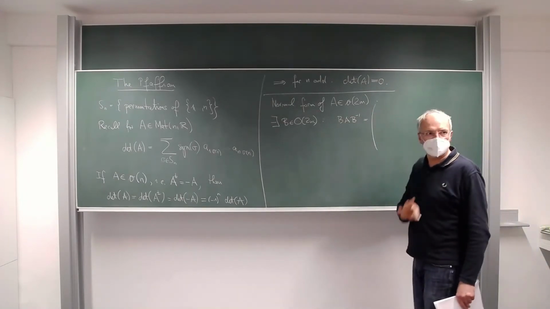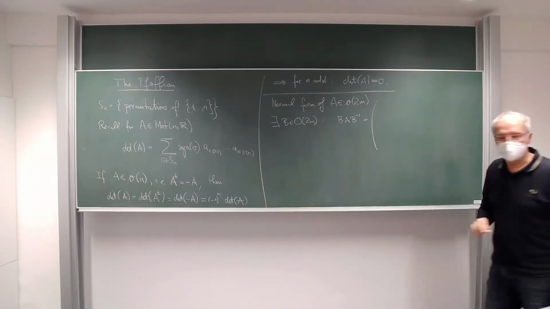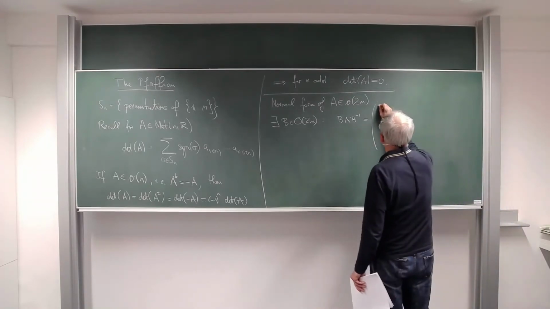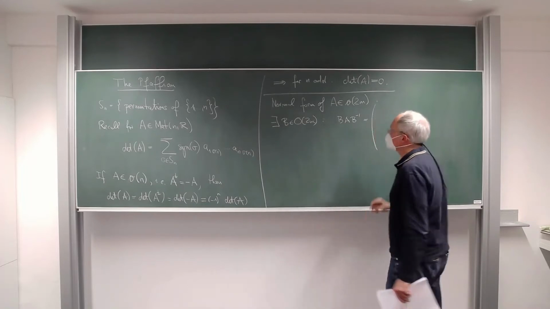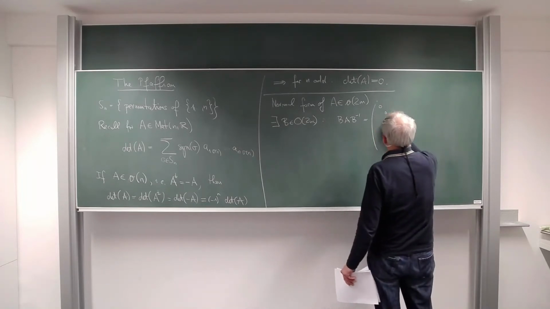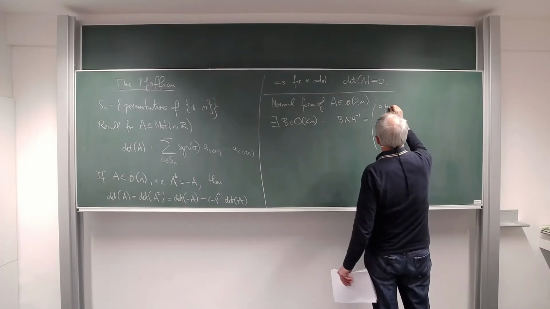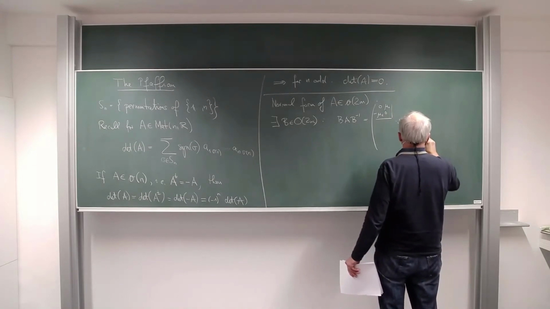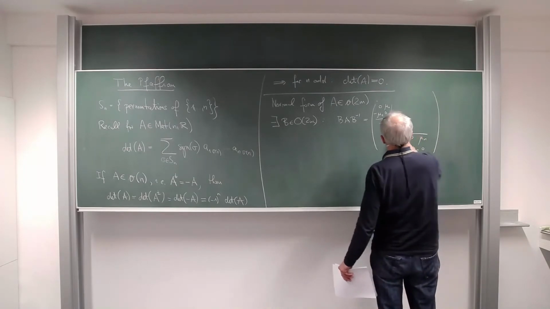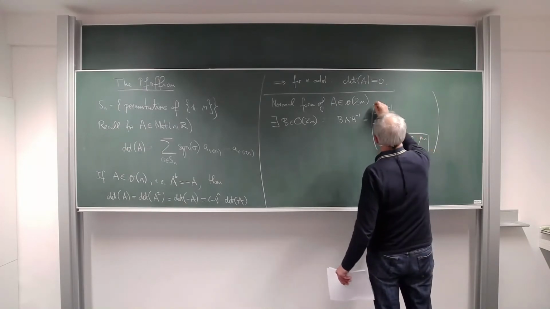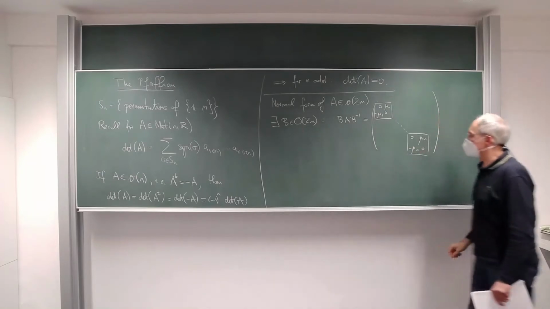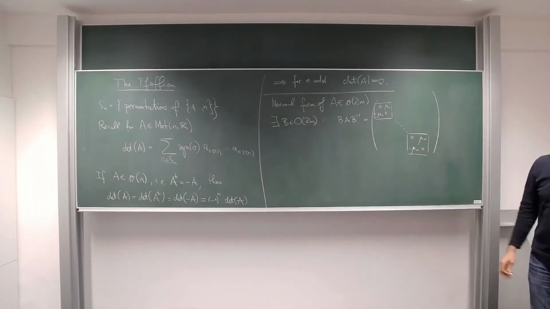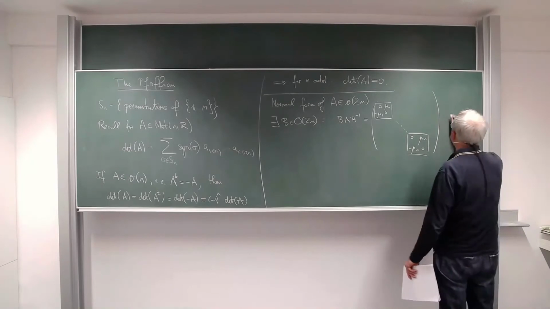Namely, it's a block diagonal matrix, and there are 2 by 2 blocks on the diagonal. And the skew-symmetric 2 by 2 block is very simple. There's zeros on the diagonal, and it looks like this. So I can bring it in this form for some real values, mu1 up to mu n.